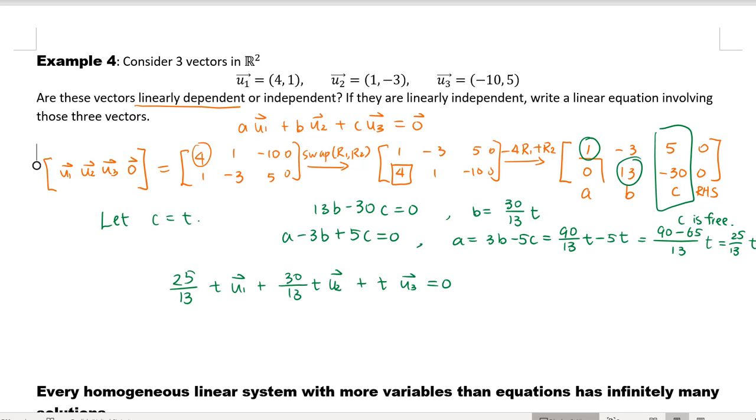And in order to make them look nicer, we can pick t to be 13, then it will clear all the denominators. So this is the equation involving those 3 vectors, and then we finish this problem. Okay, so far so good, everyone. Alright, so we're going to continue in the next video. See you soon!